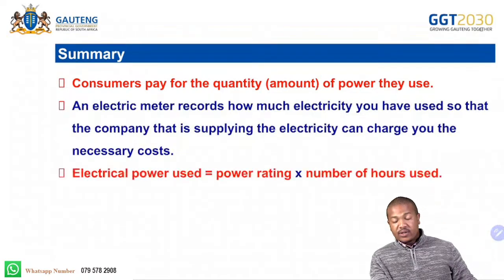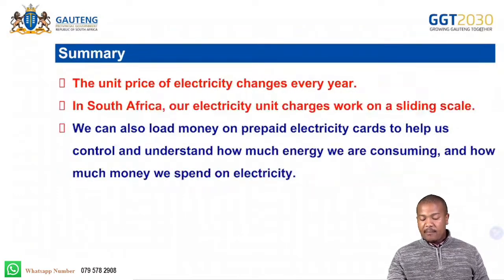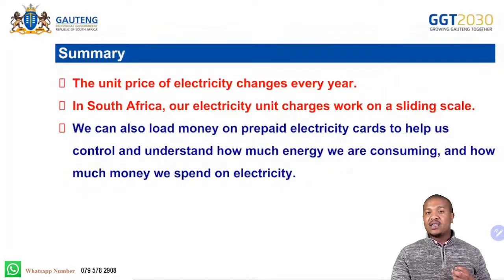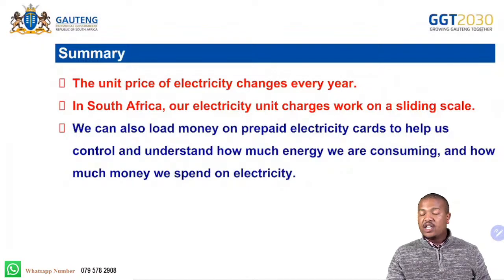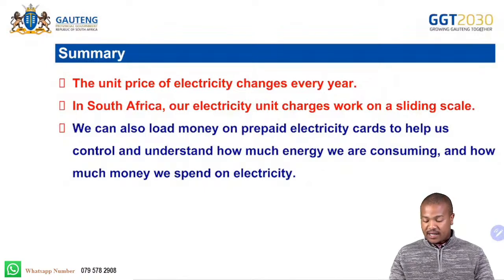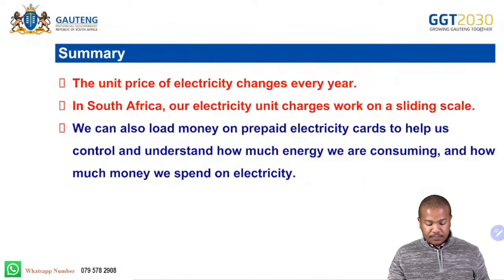The formula for electrical power used is power rating multiplied by the number of hours. We also highlighted that the unit price of electricity changes every year, and in South Africa, electricity charges work on a sliding scale.